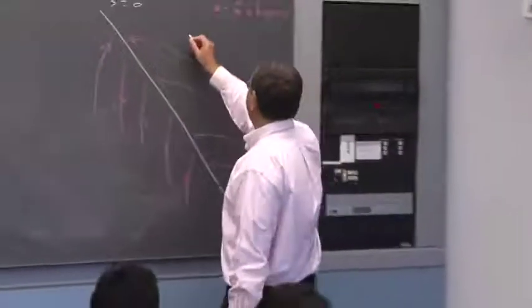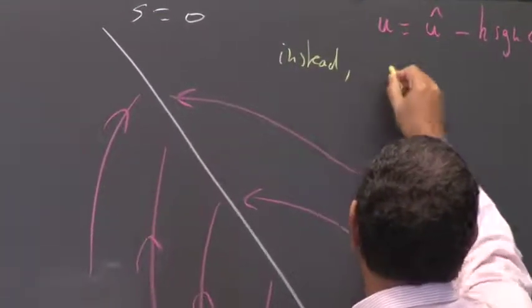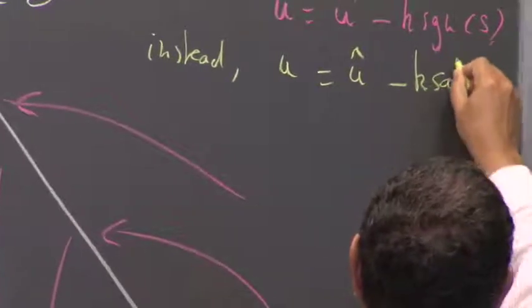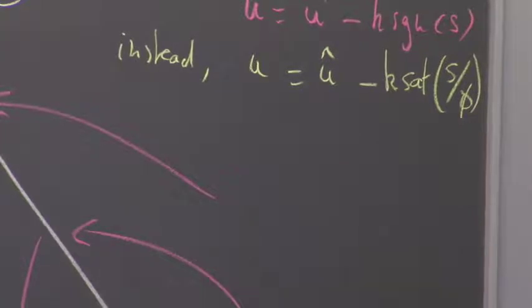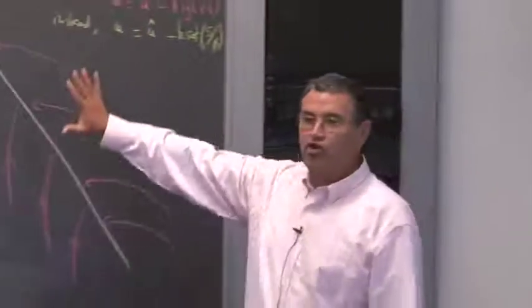So instead, we use the same u hat, but we're going to get k sat of s over phi. So in the control law, we're replacing this switching by something more gentle. My question is, how does this drawing change when we do that?